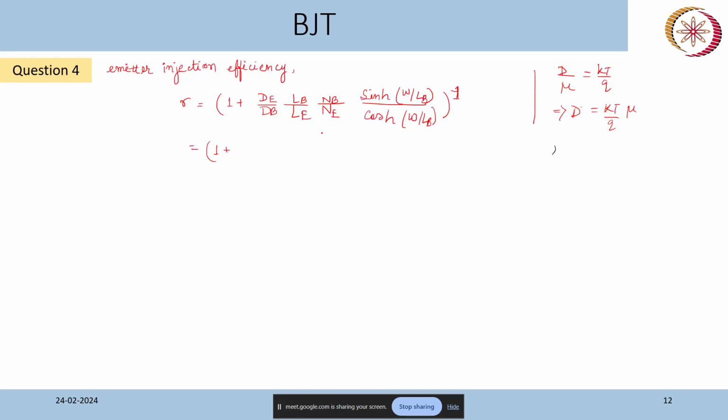But those are equal, so we can cancel each other, and dE by dB will be mu E by mu B. In the emitter side the electrons are diffusing, so this is mu n.